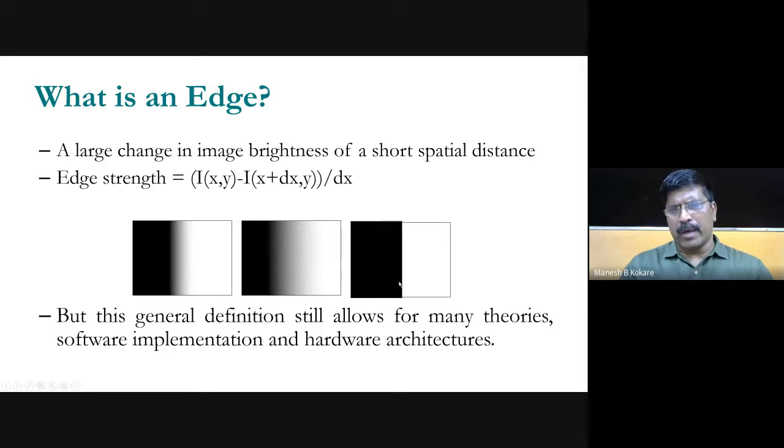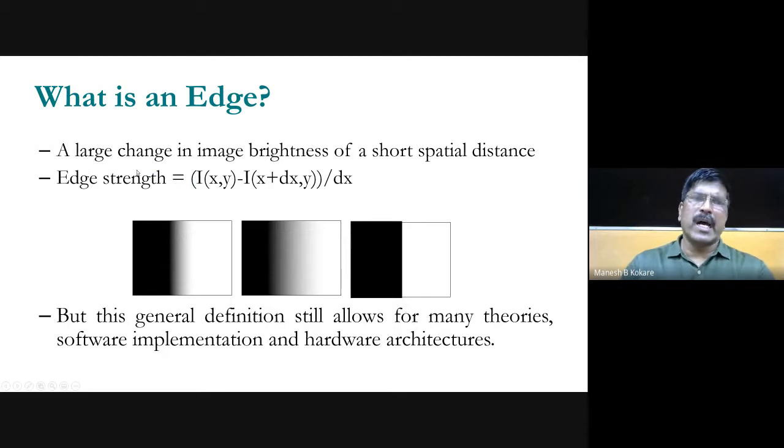So the border where there is a change in intensity is forming the edge. If you look at this border, the intensity at this pixel is 255, whereas the intensity of this pixel is 0. So the change, that is the difference in the intensity, is large, and so this rate of change of pixel intensity is higher, so it is called the high spatial frequency. So at the edge there is a high spatial frequency.